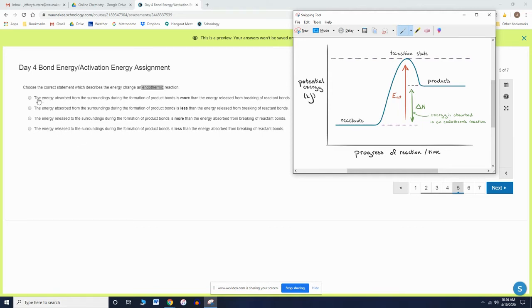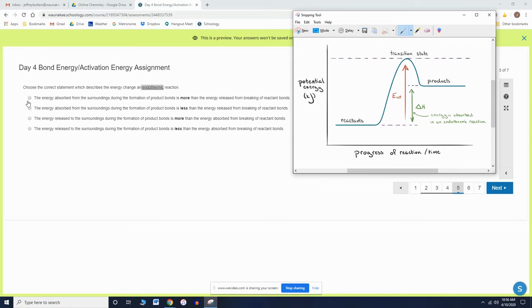When I read the first statement, it says the energy absorbed from the surroundings during the formation of product bonds. And I'm just going to stop reading right now. This statement has to be false because energy is not absorbed when bonds are formed. Energy is released when bonds are formed.